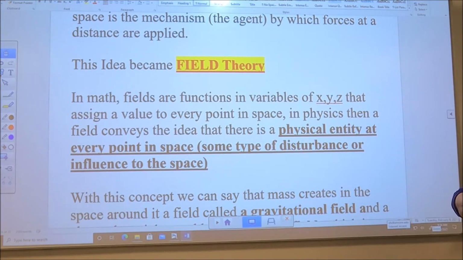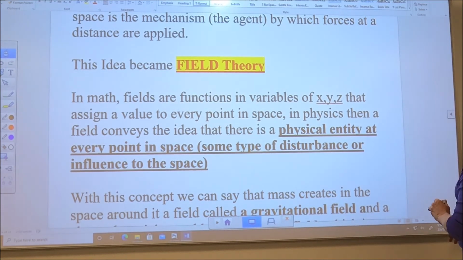In math, fields are functions and variables of x, y, and z that assign a value to every point in space. So in physics, what field theory gets at is that there is a physical entity at every point in space, some kind of disturbance or influence at every point in space.